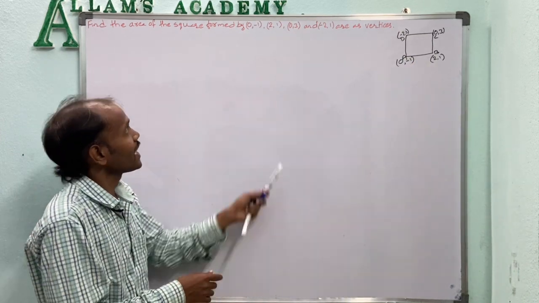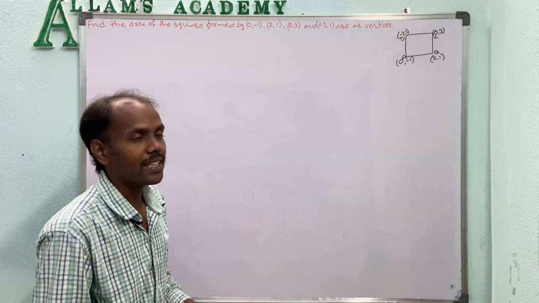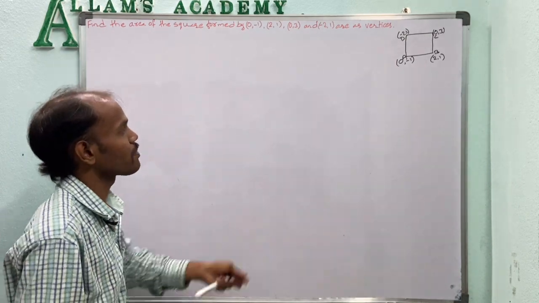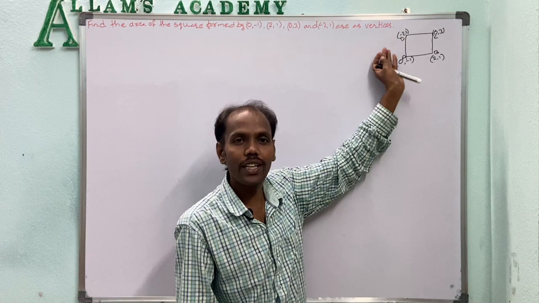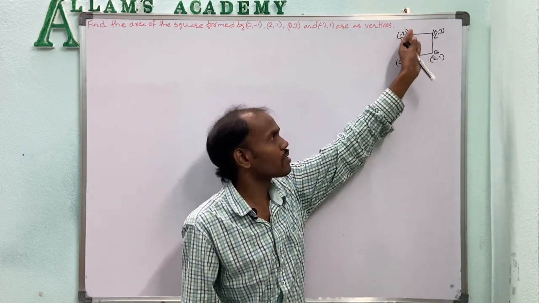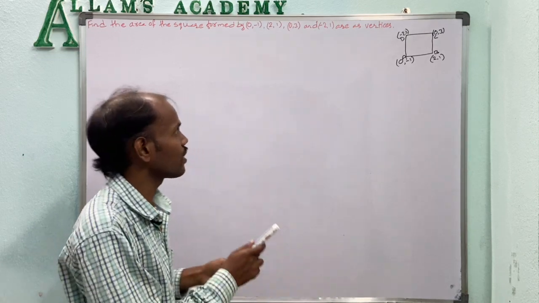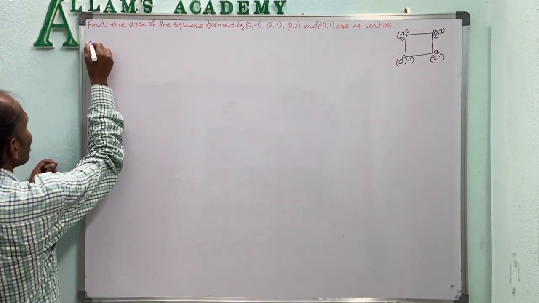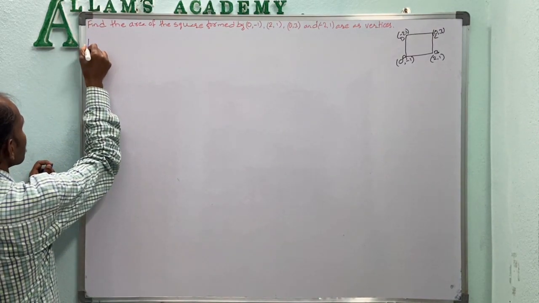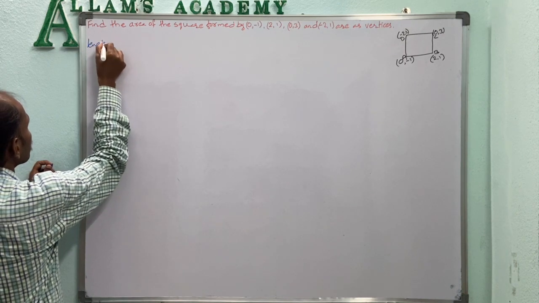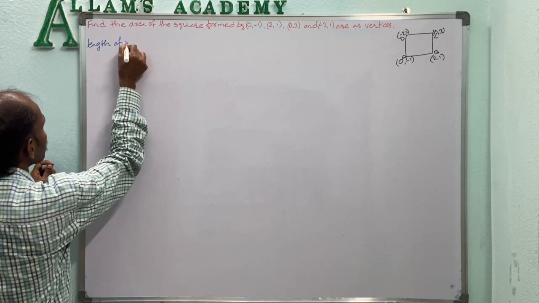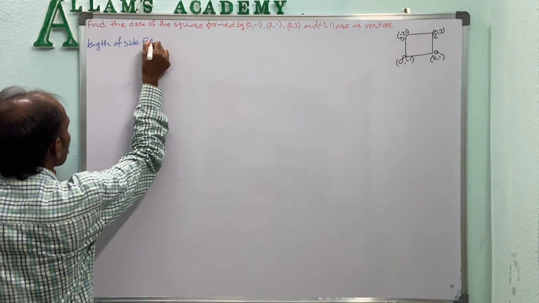Here the problem directly gives that the vertices form a square, so there is no need to check whether these points form a square or not. So we directly find one side length, the length of side AB.